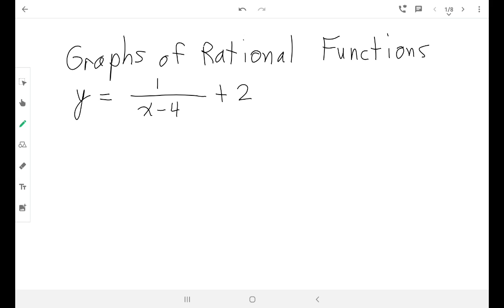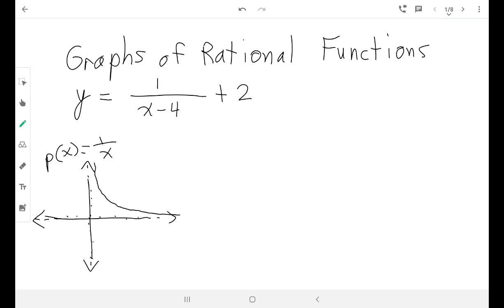So one of the things we have to keep in mind is what the parent function looks like, the parent function being the simplest version of this family of functions. And the parent function looks like that. It has an asymptote there, it has an asymptote there, and the graph runs along the asymptotes in this way.